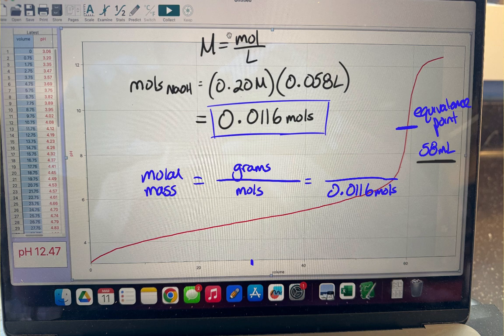And then the grams value, what goes in the top here, is going to be the mass that you used to prep your acid solution. And I think for mine, it was like 0.503 or something like that, that many grams. And so if I just do grams over moles, then that will give me the molar mass, and that gives me another way to verify the weak acid that I've got.